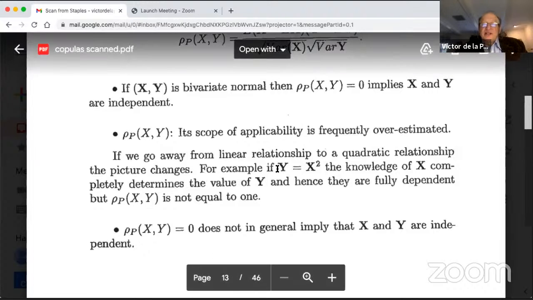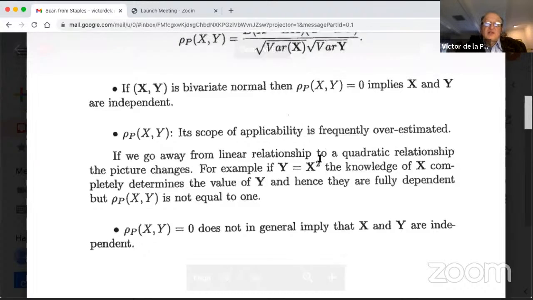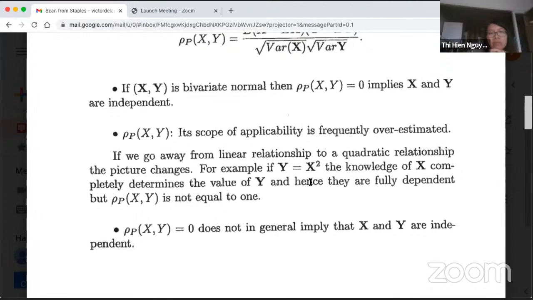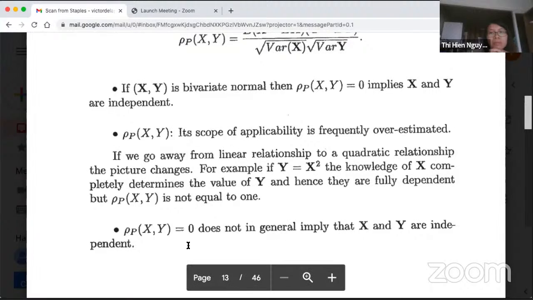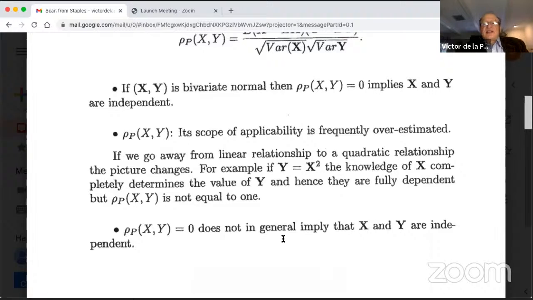You can calculate the correlation, and as a matter of fact, the correlation is equal to 0. So this shows the two extremes. If the correlation is 0, that doesn't imply that the variables are independent. You have to think of bivariate normal distributions, or more generally elliptical distributions.